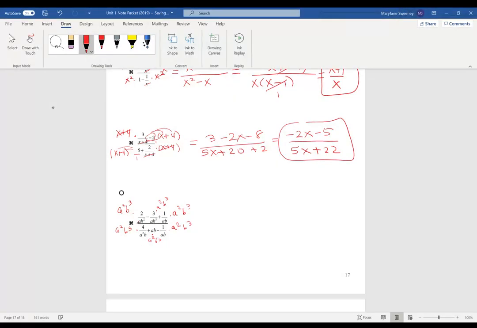All right, so here this cancels, leaving me an A on the top. B's cancel, leaving me a B on the top. So on the top here, first fraction, I've got 2AB. Then A cancels, leaving me an A. B squared and the B cubed leaves me a B. Oh wait, is that a B cubed?